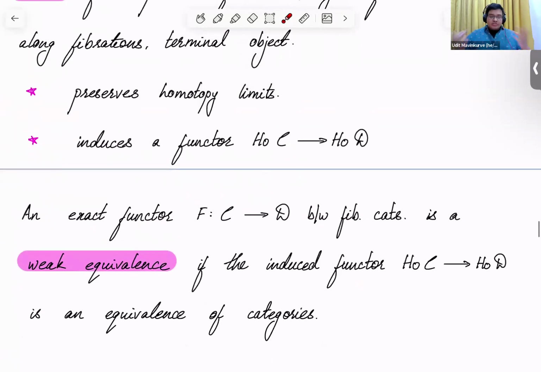Then the analog of Quillen equivalence is the notion of weak equivalence between fibration categories. That is when the induced functor at the level of homotopy categories is actually an equivalence of categories. So that tells you when two fibration categories, which on the surface might seem to represent different homotopy theories, are actually going to be the same or equivalent homotopy theories.